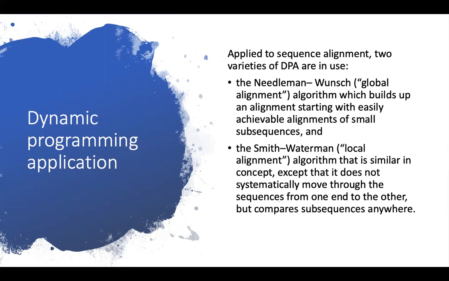The other one is Smith-Waterman, which is the local alignment algorithm that is similar in concept, except that it does not systematically move through the sequences from one end to the other, but compares subsequences anyway. So these are the two modes of application of the dynamic programming algorithm, but the in-depth methodology is the same, which is dynamic programming.